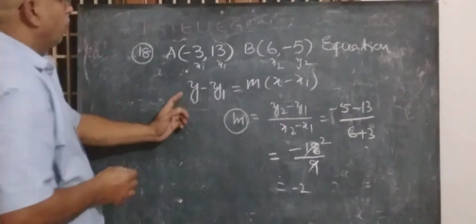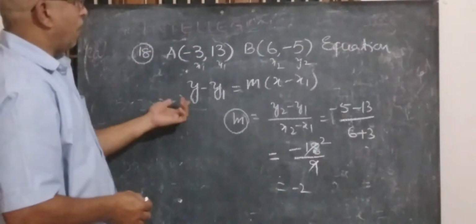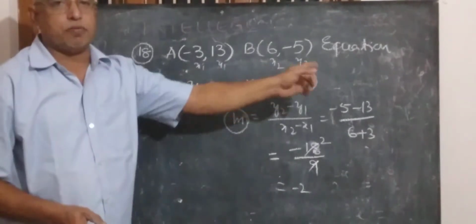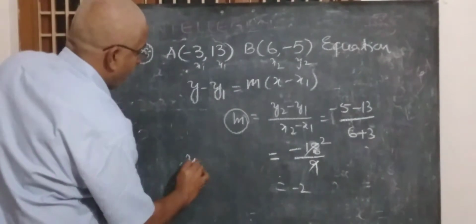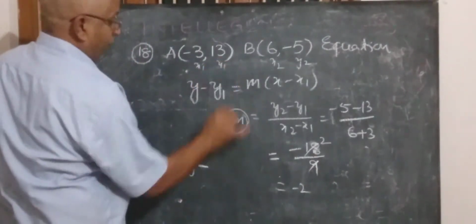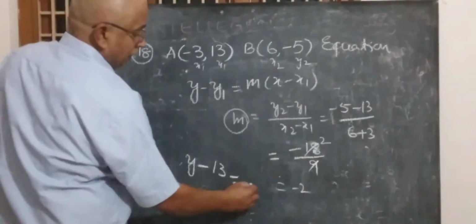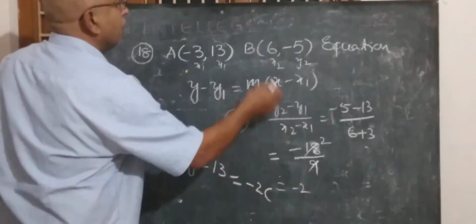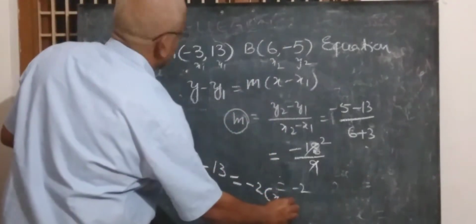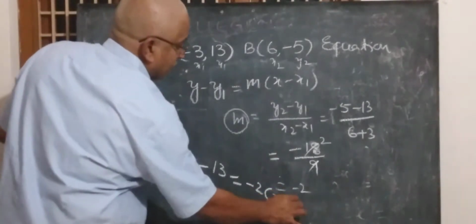What is the form of the equation of a line when 2 points are given? Y minus y1 is equal to m into x minus x1. So y minus, what is the value of y1? 13, is equal to, what is the value of m here? Minus 2 into x minus x1. Here x1 is minus 3, so minus minus becomes plus 3.